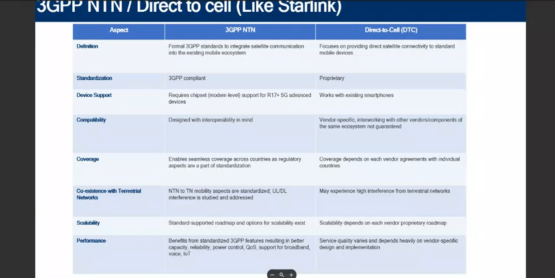With 3GPP utilization, it will integrate satellite communication into the existing mobile ecosystem, and direct to cell will focus on providing direct cell connectivity to standard mobile devices. 3GPP NTN is compliant to 3GPP, and direct to cell is like its own company. 3GPP NTN will require chipset modem level support for Release 17 and 5G Advanced devices, and direct to cell will work with existing smartphones. 3GPP NTN is designed with interoperability in mind, while direct to cell is vendor specific, and working with other vendors' components of the same ecosystem is not guaranteed.